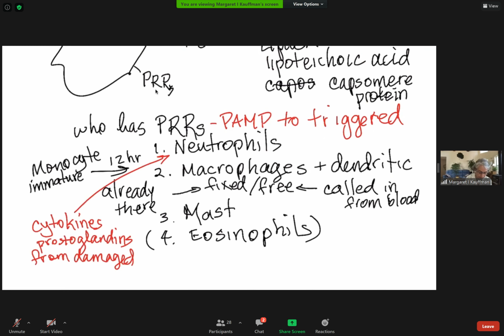You cut your finger, and some of those damaged cell membranes are going to release eicosanoids, which are little fatty acids that fall under the category of prostaglandins. If a neutrophil comes into the area, that alone can get that neutrophil to start to release its granules. Same with mast cells.